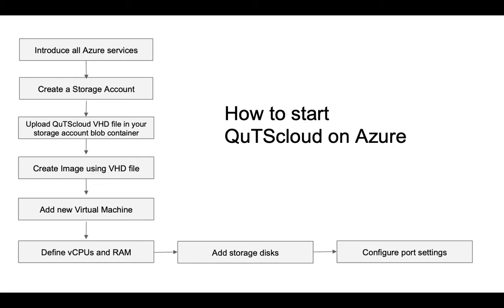Once we do that, then we have to create an image using that VHD file. After we create the image, we'll create a new virtual machine. We'll define the CPU and the RAM, add the storage disk, and do the port settings.